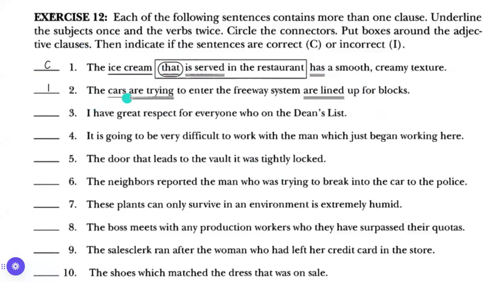The cars are trying to enter the freeway system are lined up for blocks. Why is this incorrect? Because there is no subject in the second clause. I only have are lined up, like still talking about the cars. Okay? So start working on this. 3 minutes again.